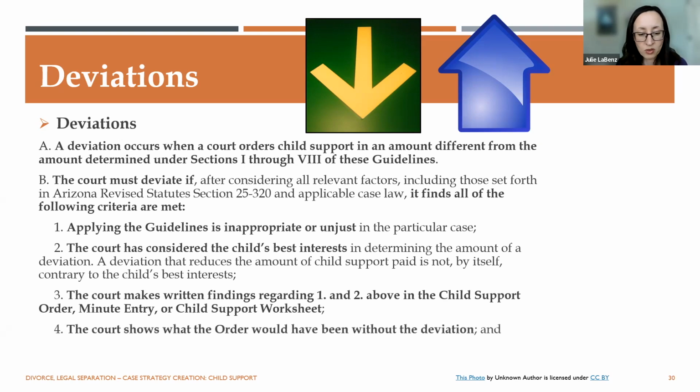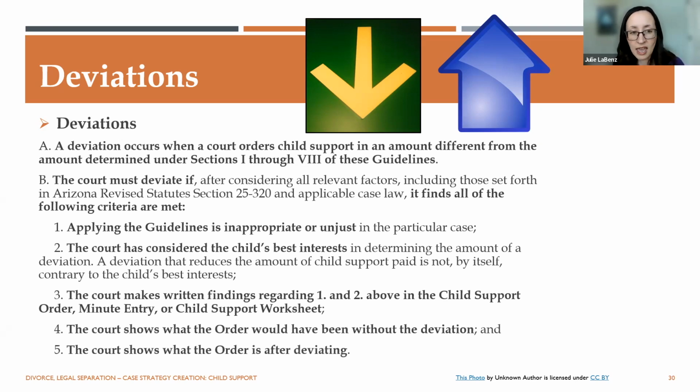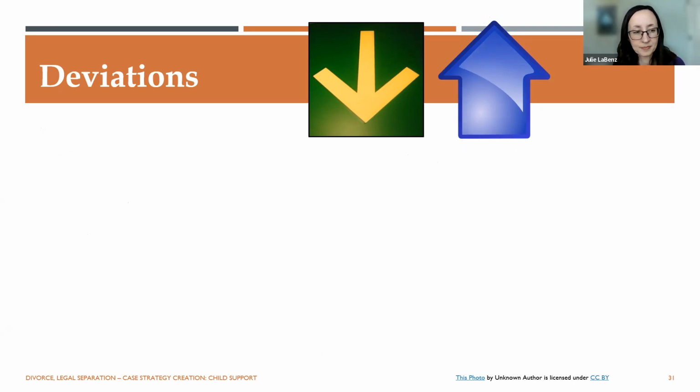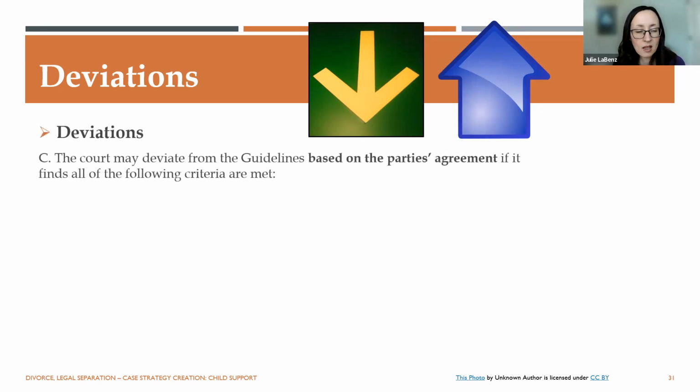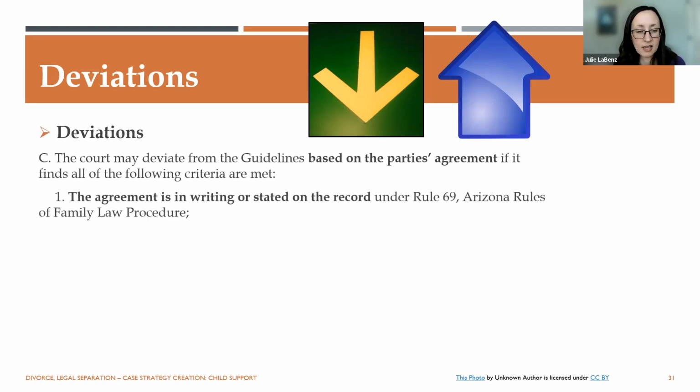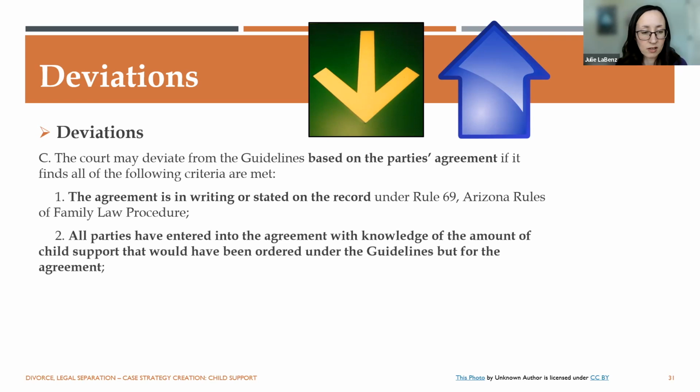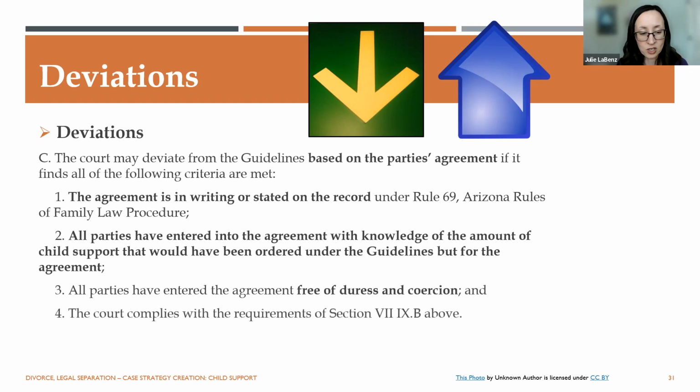The court shows what the order would have been without the deviation, and the court shows what the order is after deviating. The court can deviate from the guidelines based on the parties' agreement if it finds that the agreement is in writing or stated on the record, the parties know the amount before and after the deviation, there's no duress or coercion, and then the court complies with what we had on the last slide.